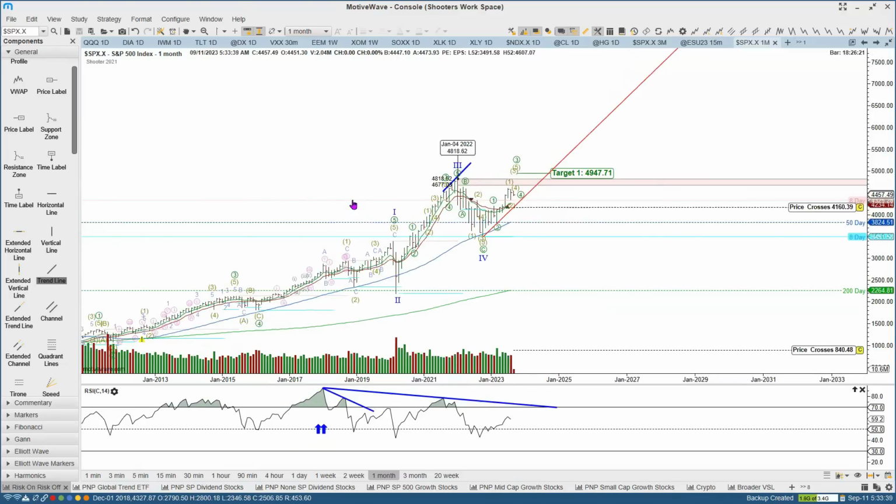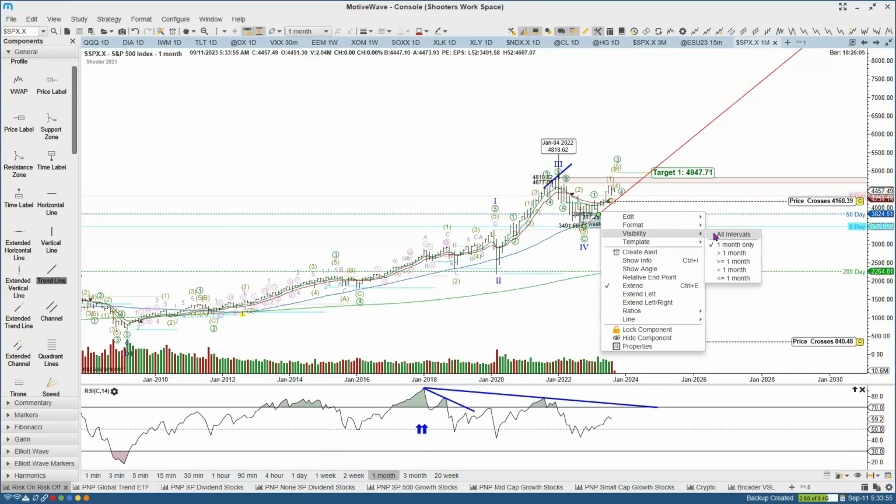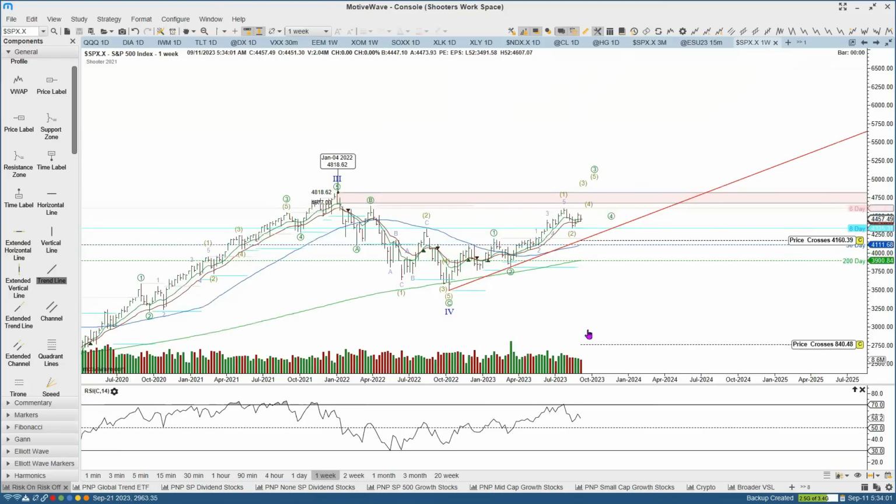Until that is broken, a weekly close, actually a monthly close below 4160. Let me go see what my weekly would be if it were any different. Bear with me, time frames are challenging at times. So yes, it's consistent with a weekly. So a weekly close below 4160.39 is pretty much where our trend support is. That is your friend until the end. That's it. That's all there is to it.